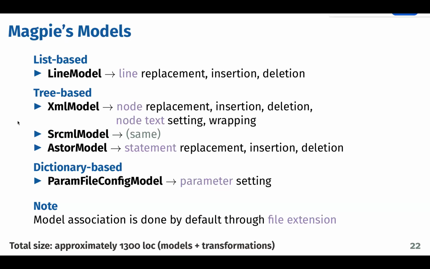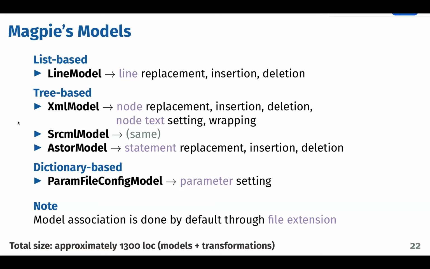So the XML model is you start from an XML file, and we will see that, for example, srcML is a tool that is able to start from a source code file and is able to output the AST of that file in an XML format. So the XML model does that. It takes an XML file and it does transformation on the XML tree. It can do node replacement, node insertion, node deletion in that tree.